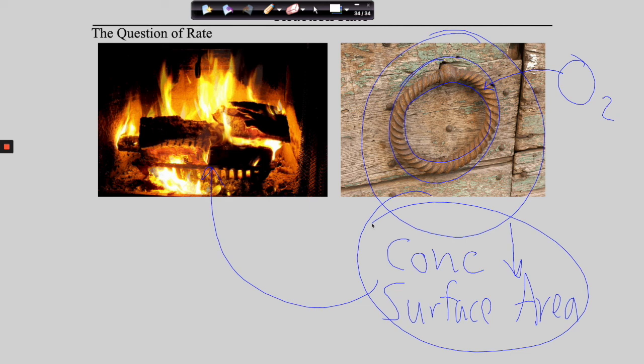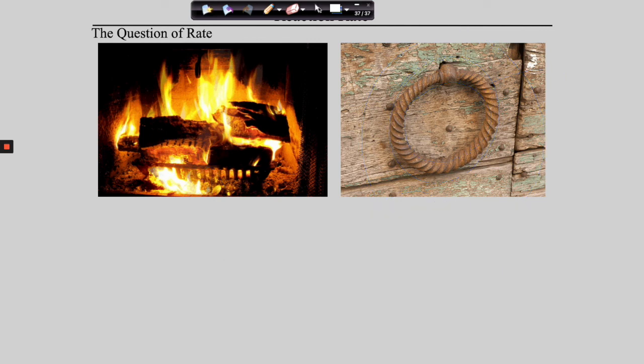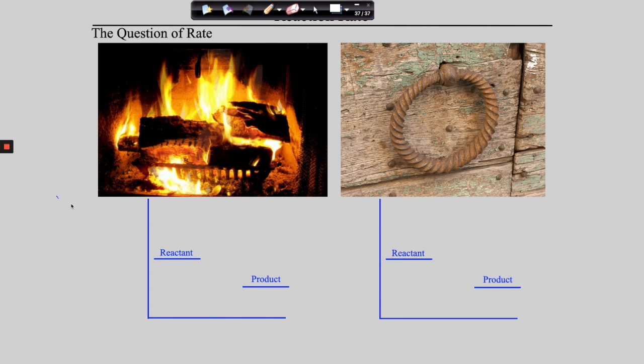Okay, so one other thing that contributes to the reaction on the left being faster, and this is already in your notes. But guys, this is not a catalyst issue, but it is an activation energy issue. So guys, if we could look at the energy diagrams for these reactions, they're very, very different.